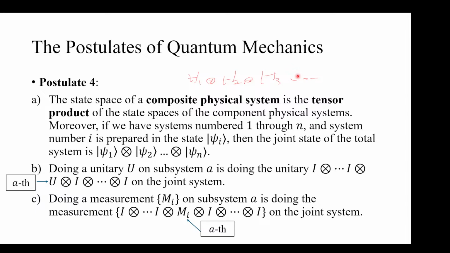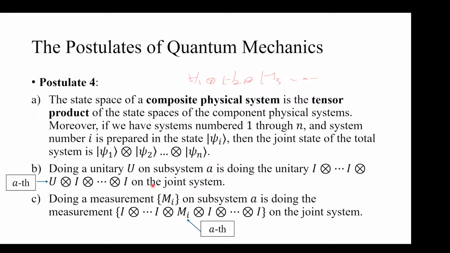In particular, if you prepare each system in a particular separate state, psi 1, psi 2 to psi n, then the joint state is psi 1 tensor psi 2 tensor psi n. Now let's talk about what happens when you act on an individual system.